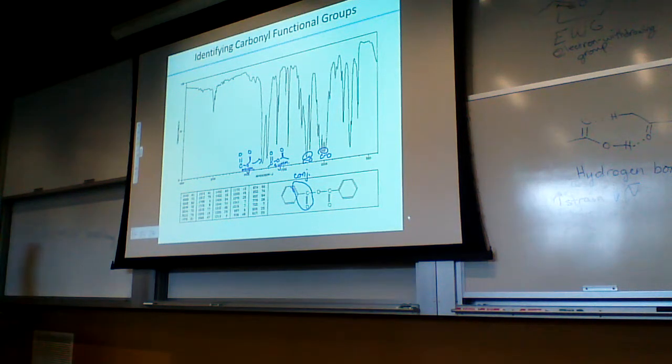In this one we have an asymmetric and a symmetric stretch. In general, for your anhydrides, we're going to see both of those, and for alkyl ethers and things like that, we may only see one.